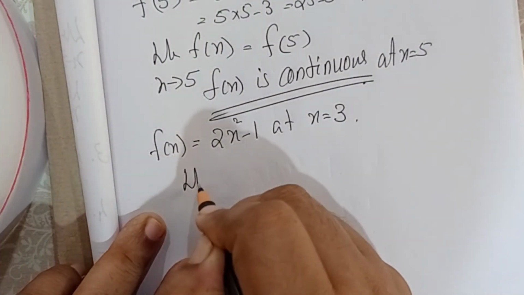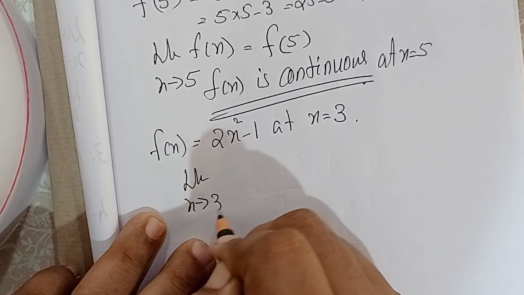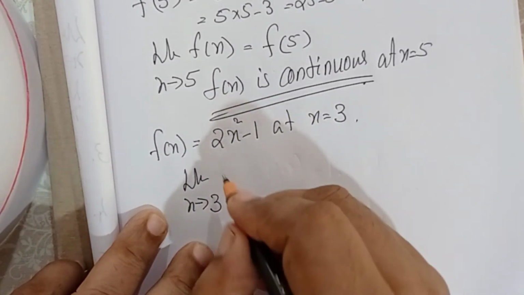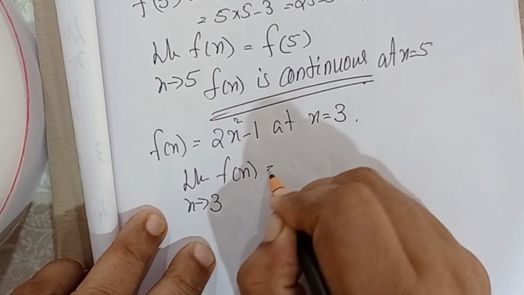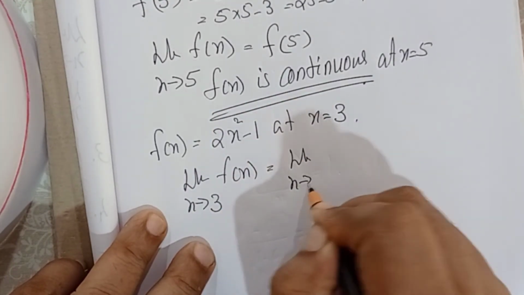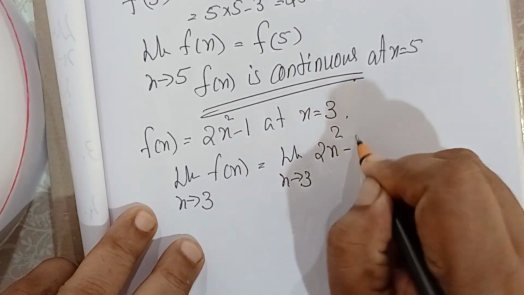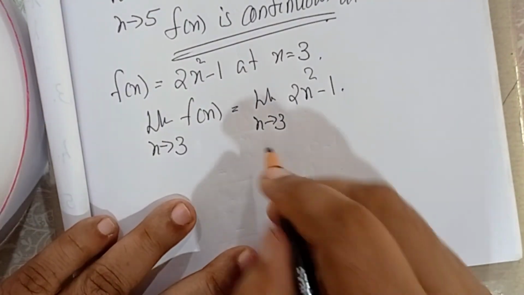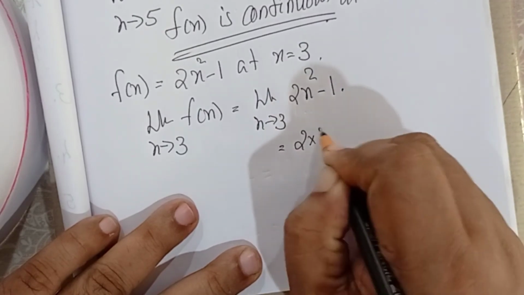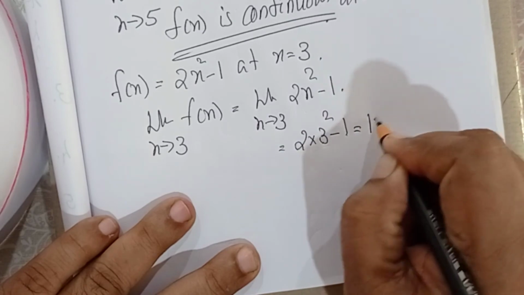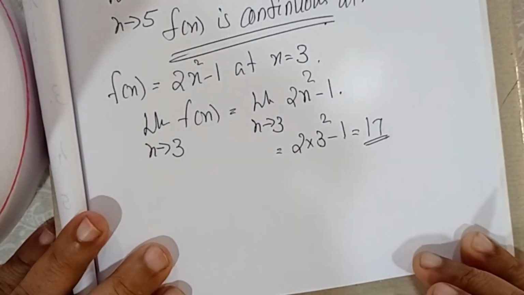Yes, limit x tends to 3 f(x) is equal to limit x tends to 3 of 2x square minus 1 is the function. Then substitute 2 into 3 square minus 1. 9 into 2, 18. 18 minus 1 is 17.